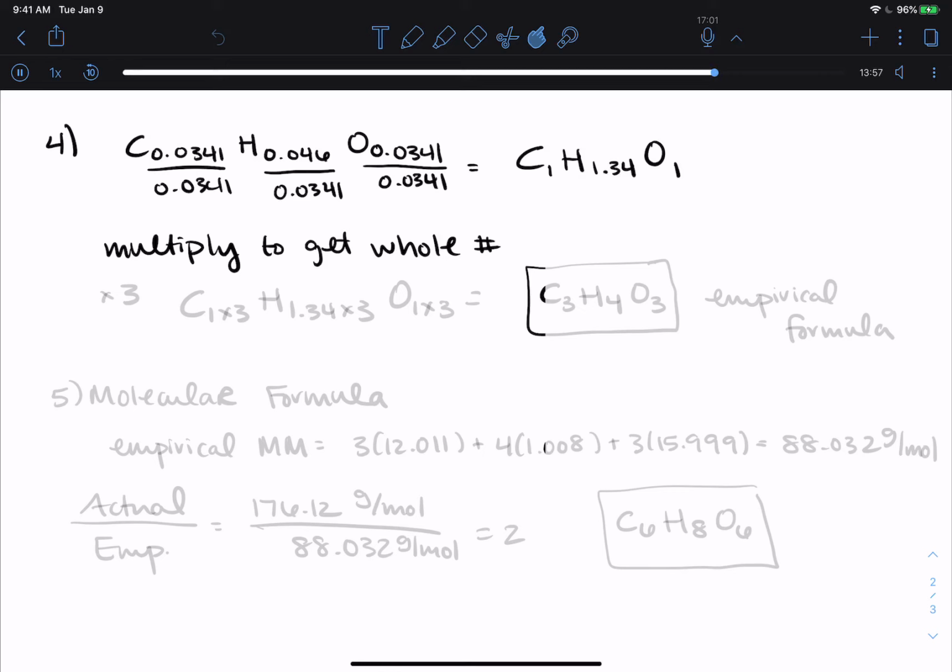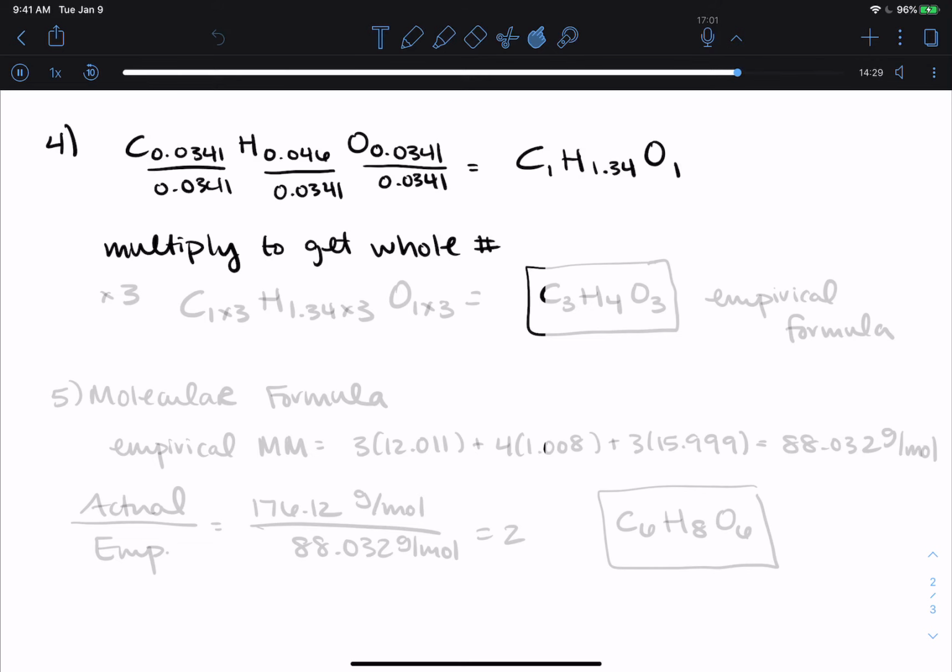And honestly, the way to do this is kind of a guess and check method. So you could say, all right, what if I double them? Then I would get C2, my H would be like 2.7? That's still not a whole number, so that's not going to work. So then you try 3. If you multiply by 3, you get carbon with a 3, and then hydrogen with a 4, or something really, really close to it.